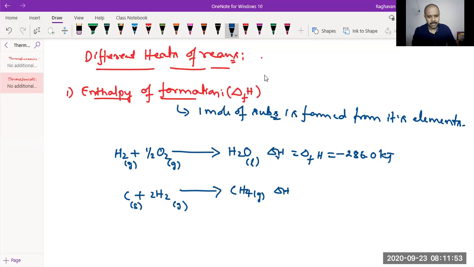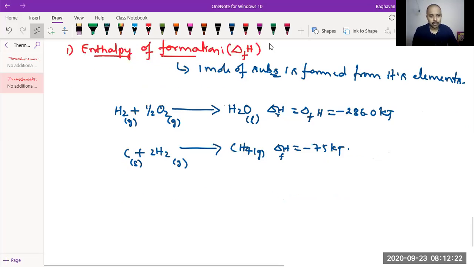Since this reaction represents formation of 1 mole of substance from its elements, it can be called enthalpy of formation. This is around minus 75 kilojoules, as I remember. If you don't remember values, you can just write either minus Q kilojoules or plus Q kilojoules. No problem. No need to remember values like that. Okay. So these are all the reactions which represent enthalpy of formation.